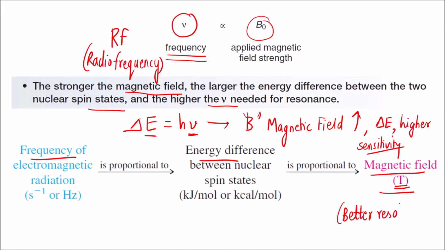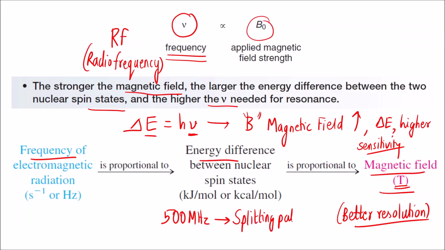That is why we say that if I have a 500 megahertz instrument, that will have a better resolution, or let's say better splitting pattern, which we'll see in the coming video, as compared to an instrument having, let's say, 400 megahertz.